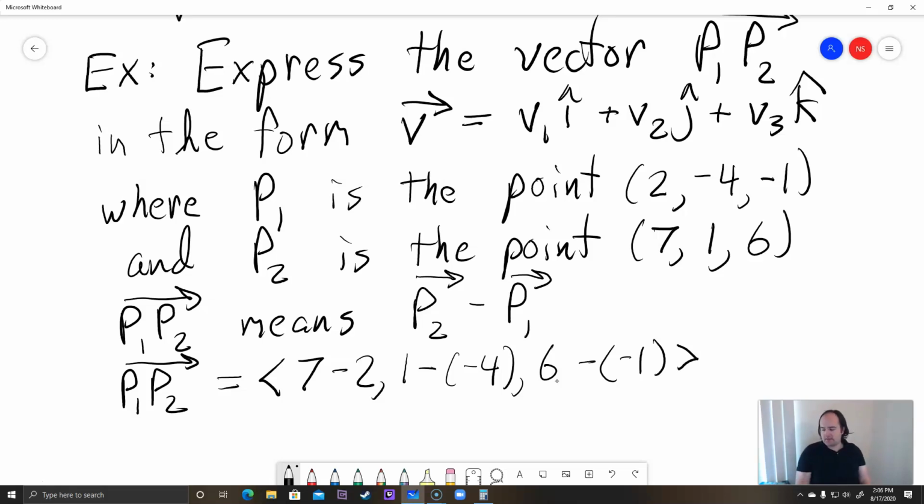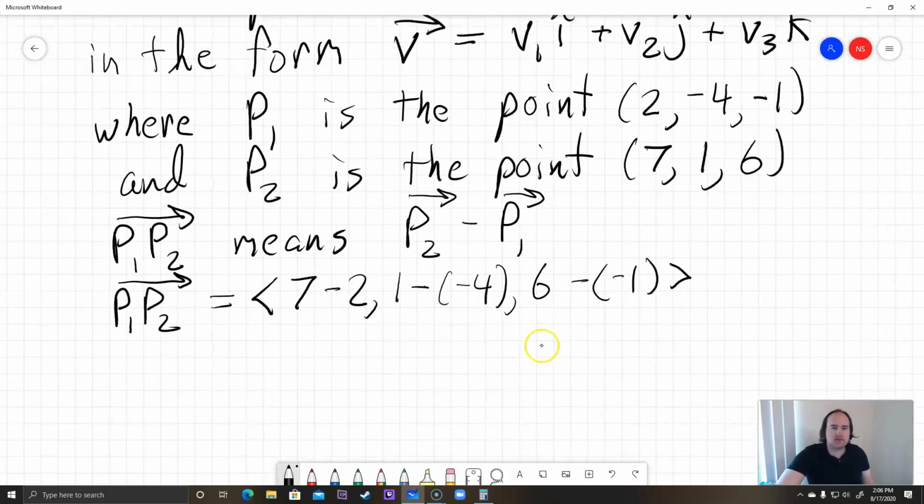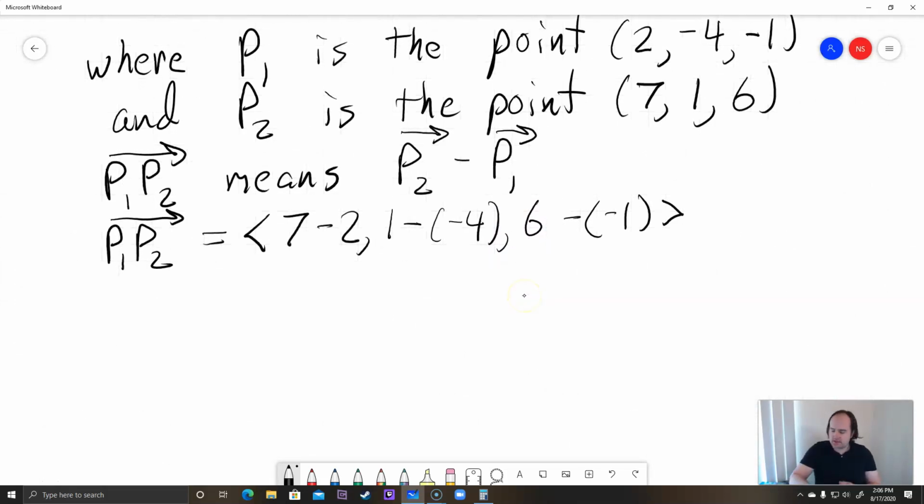Okay, so that's just subtracting P2 minus P1, subtracting the components. Then we can simplify this a bit. So 7 minus 2 is 5. 1 plus 4 is 5. And then 6 plus 1 is 7. So we should have (5, 5, 7).